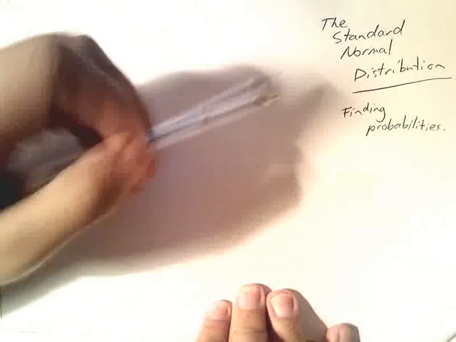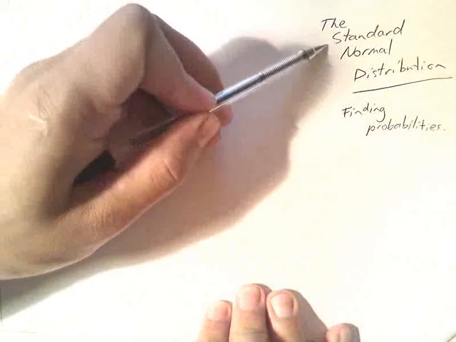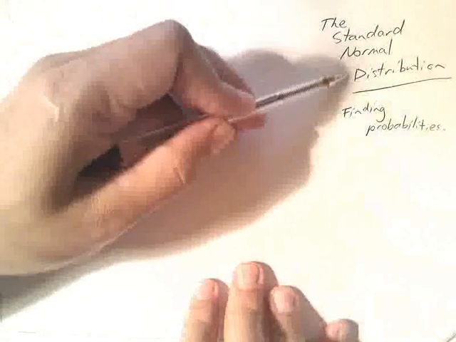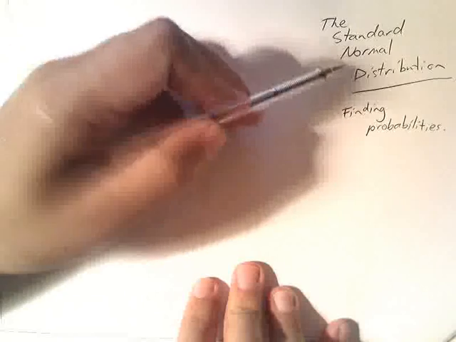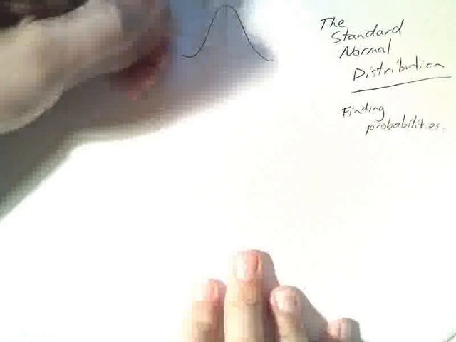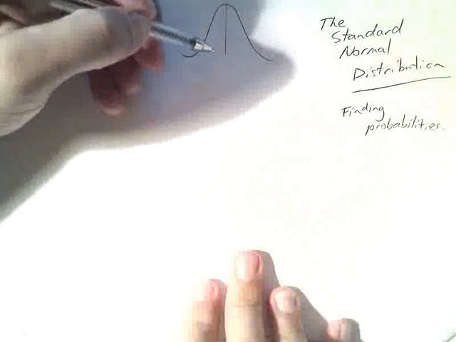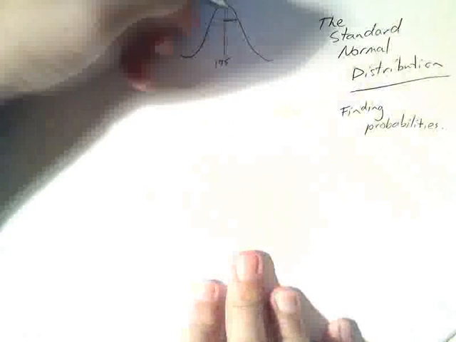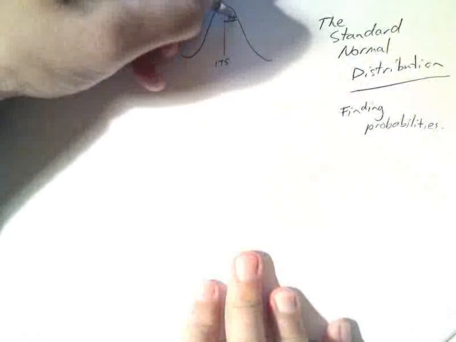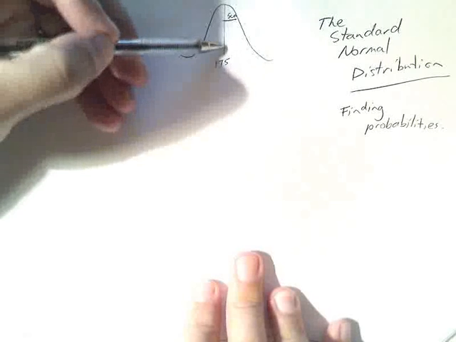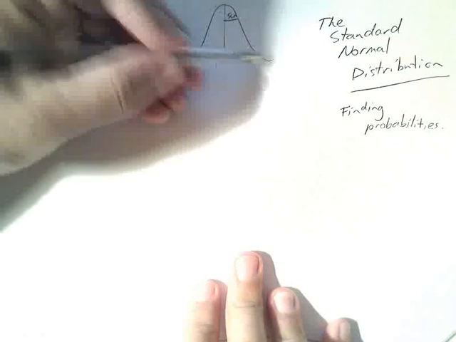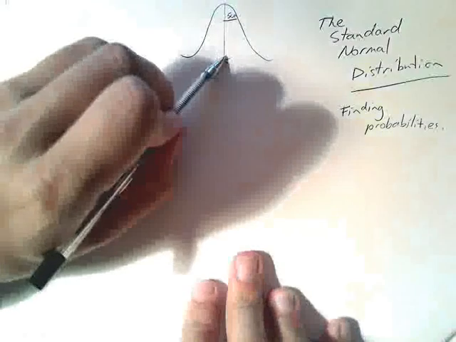Okay, so in this video we're looking at something called the standard normal distribution. Now, you've seen normal distributions before. For instance, people's heights are normally distributed. That means that, say, if the average height in a town or a city or a country is 175 centimeters and the standard deviation is, say, 5 centimeters, then 99.7% of all people will be within 3 standard deviations of 175.